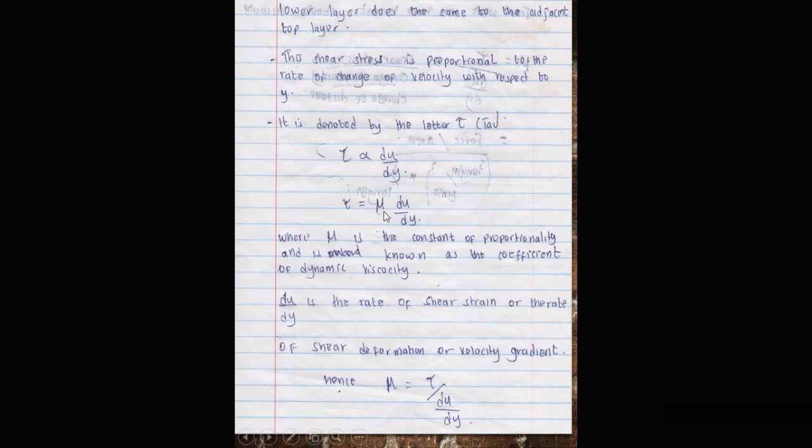We're going to add a constant mu, where we get tau, the shear stress, equals mu du over dy, where mu is a constant of proportionality known as the coefficient of dynamic viscosity. Du over dy is the rate of shear strain or the rate of shear deformation or velocity gradient. So mu is equal to tau over du over dy.